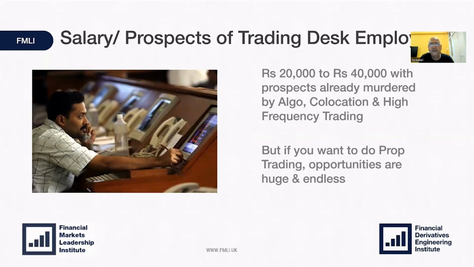Salary prospects of traders in a brokerage house are very poor, around 40 to 50,000. I've written 20,000 here, but it has gone up in the last year. That is 40 to 50,000 with prospects already murdered by algo, co-location, high frequency trading, etc. But if you want to do prop trading, there is huge opportunity. When we come to trading, we will discuss it.